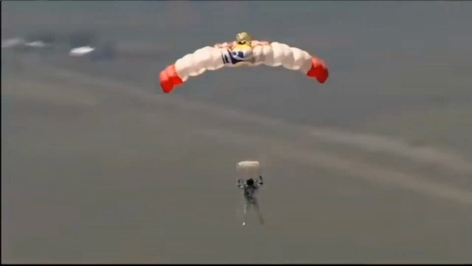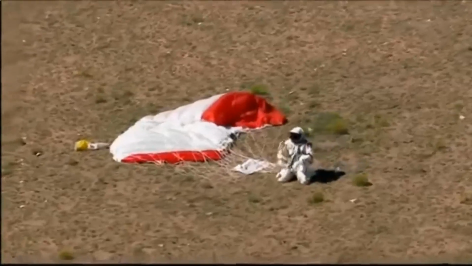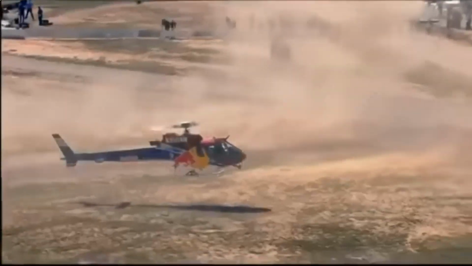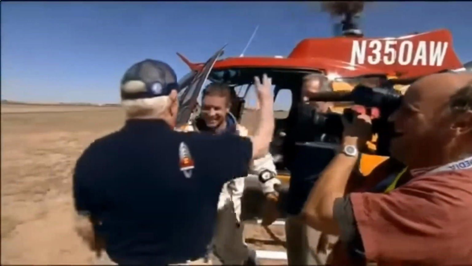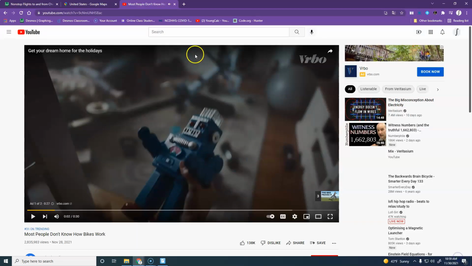Then he starts spinning really fast. All right, so, sorry. It's a robot.